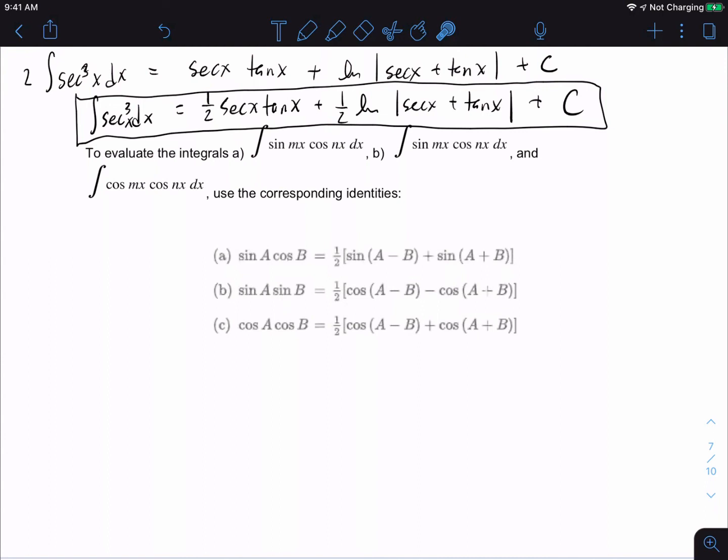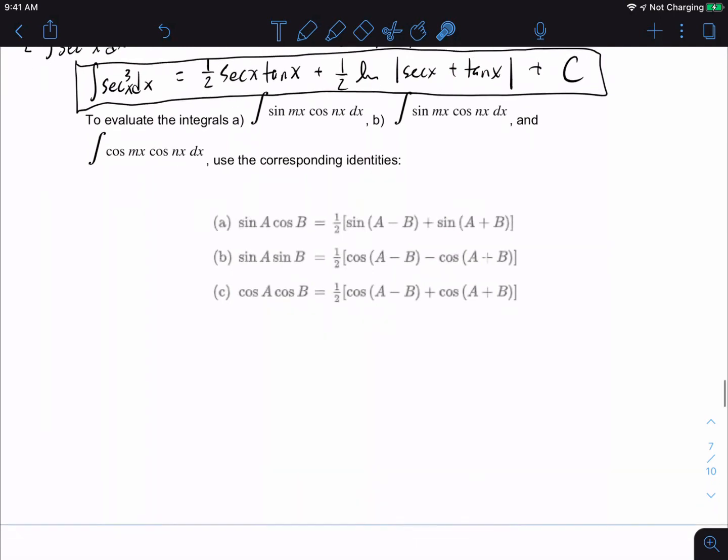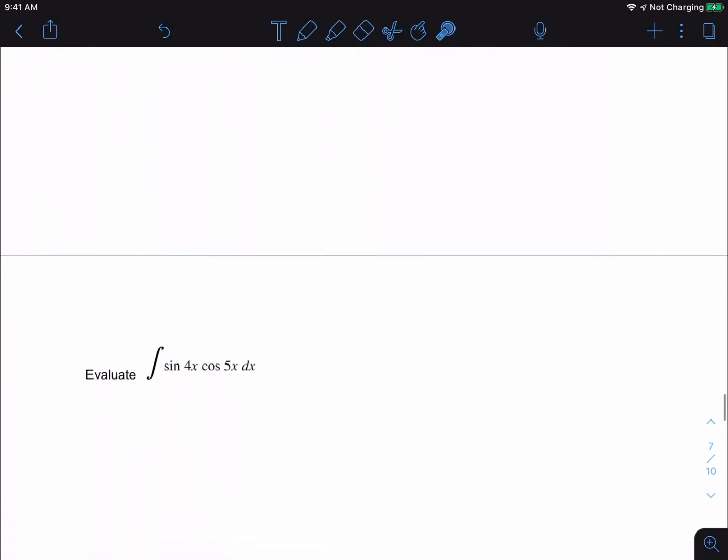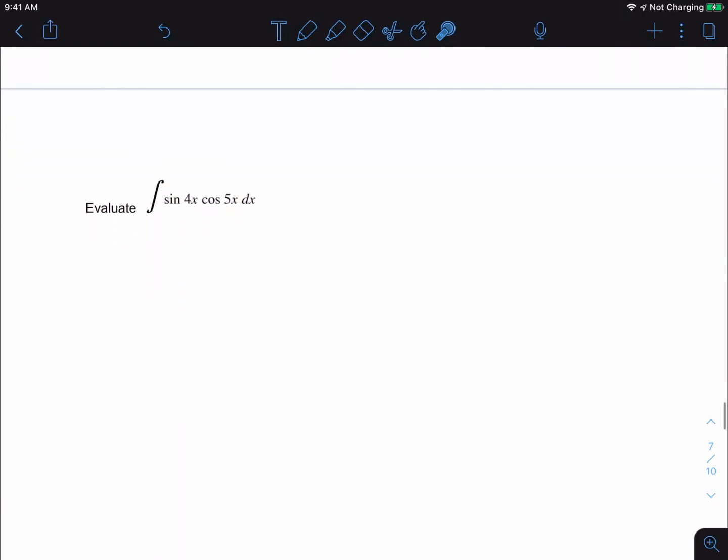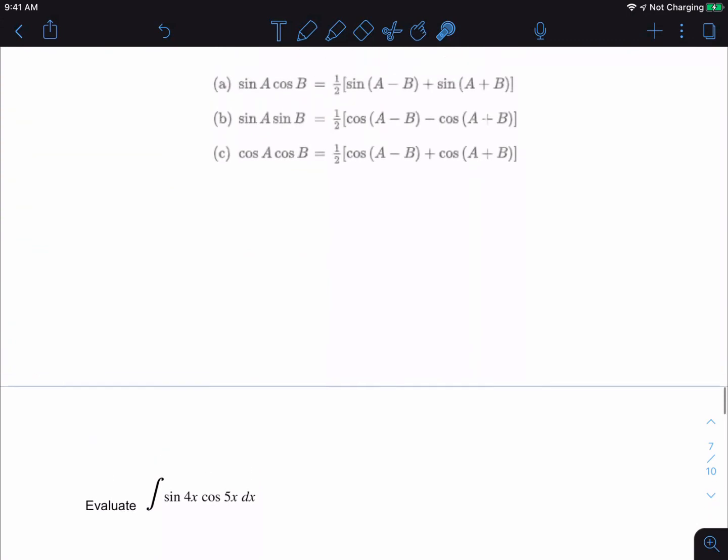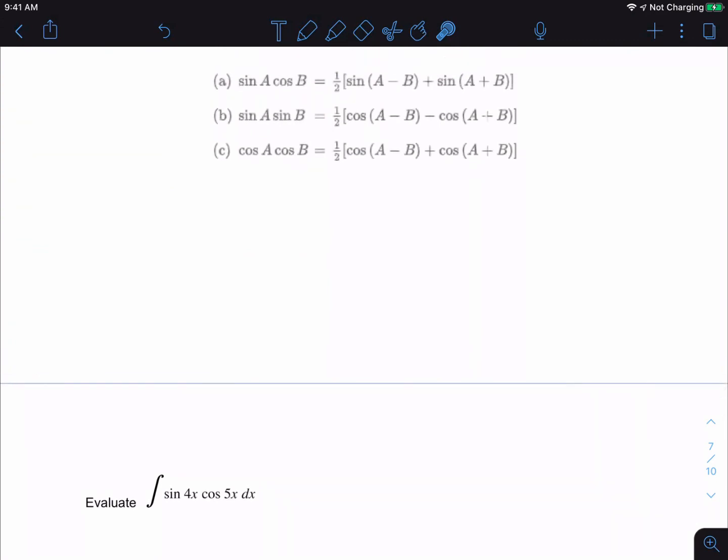All right, can I do the last example for this section? Yeah. All right. And I'm going to be using these rules. So here we go. In this example here, it's sine 4x cosine 5x. So which one is that form?